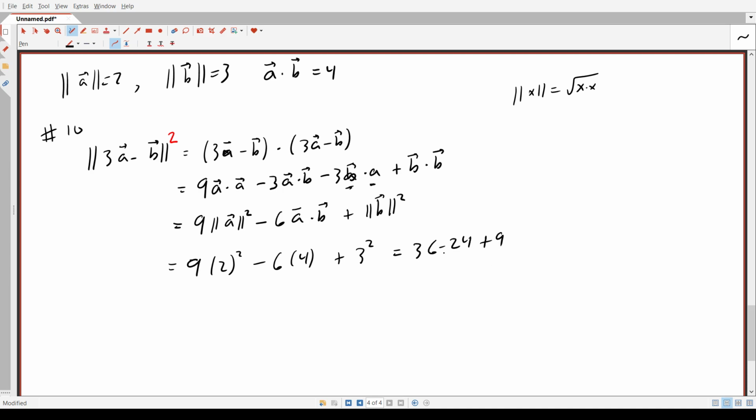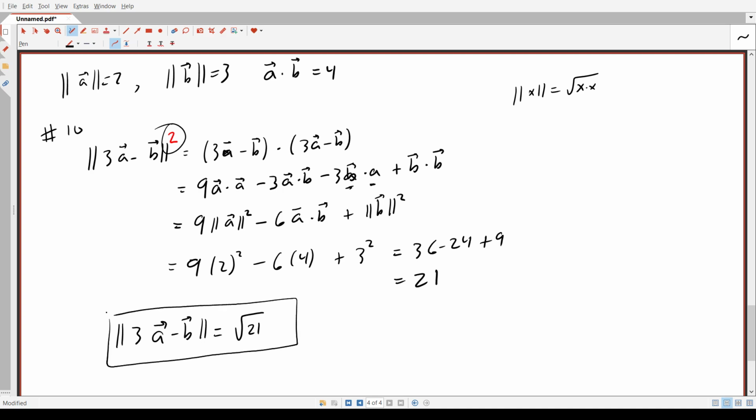So this is going to be 12 plus 9, that's 21. Okay, but that's not my final answer because I still have to take the square root. So that tells me that the norm of 3a minus b is equal to the square root of 21. And it's not plus or minus because distance is always positive, or magnitude is always positive.